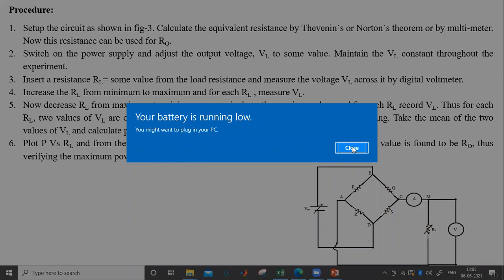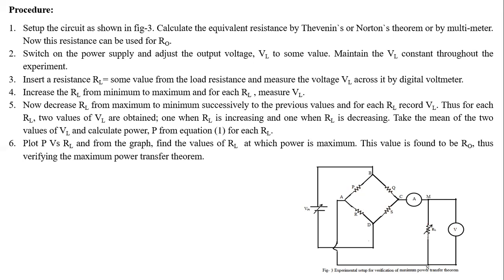As we are getting 2 load voltages and 2 load currents, we have to average them for every reading. Instead of that, in this experiment we have only increased from minimum to maximum value. Okay, and we'll find the voltage and current.